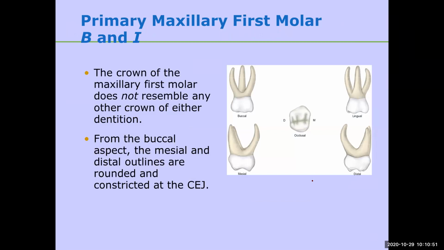The crown of the maxillary first molar does not resemble any other crown. But what does the occlusal sort of look like there? Molar. Sort of looks like a premolar, sort of.